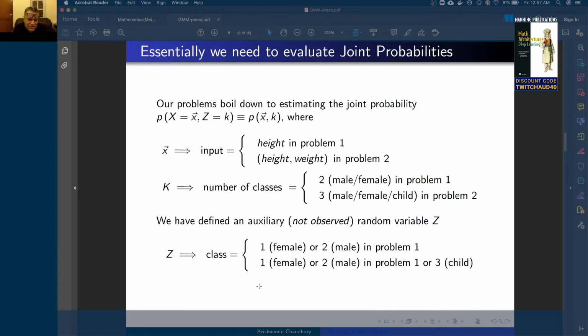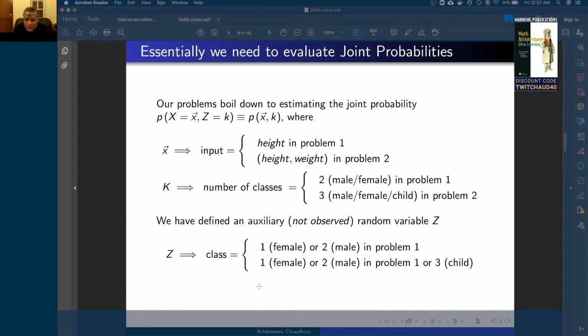But first, let me point out that what we are trying to solve here is essentially evaluating the joint probability. Now let X denote input and uppercase K denote the number of classes. In problem 1, we have only 2 classes, male and female, so uppercase K would be 2, and in problem 2 that would be 3 because we have 3 classes, male, female and children.